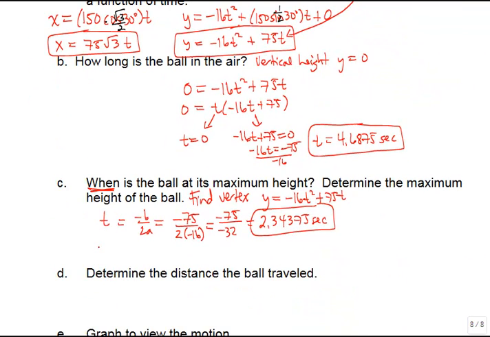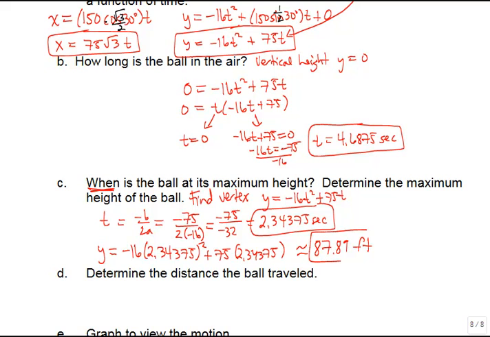So we're going to use y equals -16 times 2.34375 squared plus 75 times 2.34375. And when you plug that in your calculator, it's approximately 87.89, and this would be feet. So there's our maximum height, and this was our time.